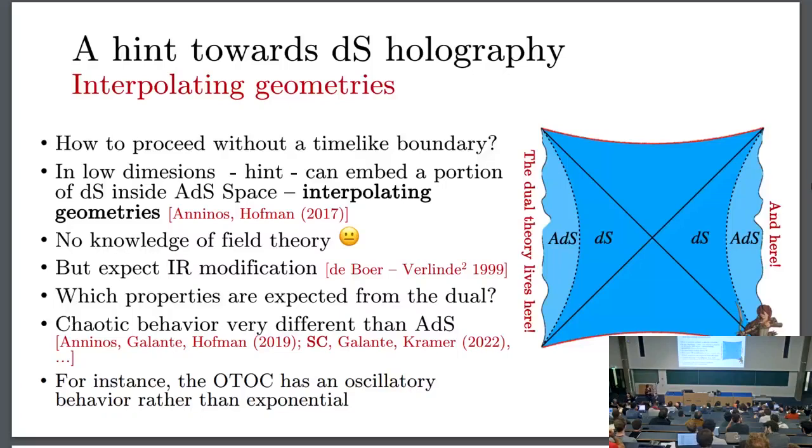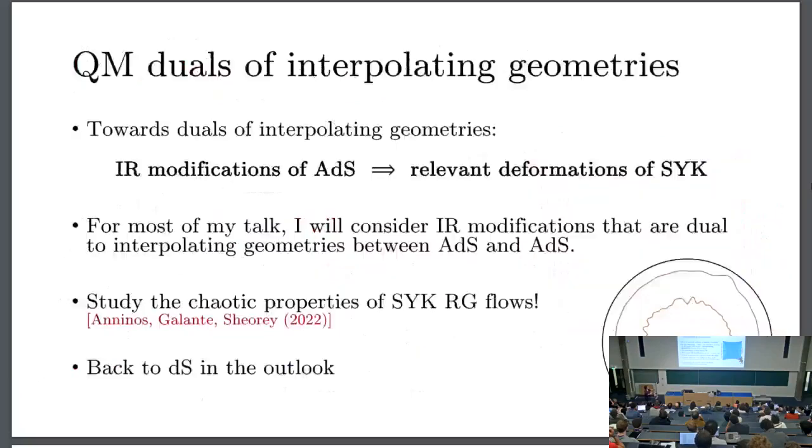For instance, the out-of-time-order correlation function has an oscillatory behavior rather than being exponential. So we have this expectation of a very different chaotic behavior, and this maybe can guide us on how to look for a dual theory to these space-times.